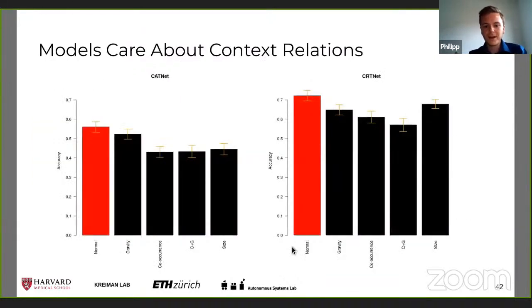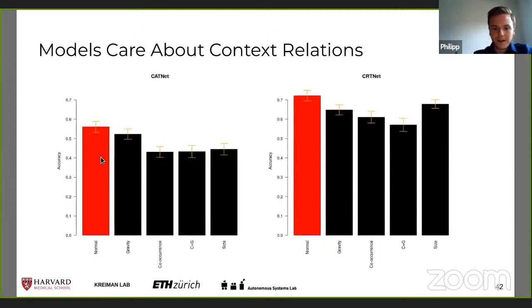Now, what we can look at next is how the models performed in those different perturbed context experiments. What we have here now are accuracies of 2 models. On the left, we have CRTNet, and on the right, we have CRTNet. We show their accuracies first in the normal context condition, and then across these perturbed context conditions. We should take the normal context as the reference point.